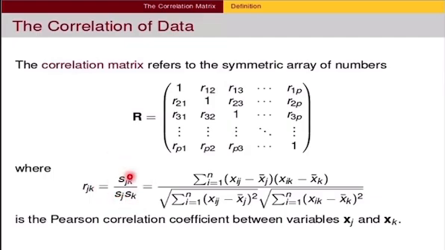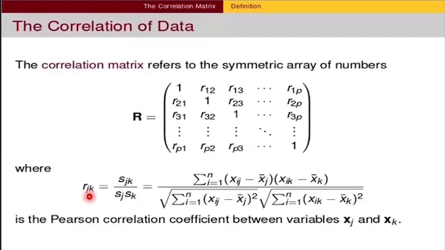Okay, if you take a look at this formula, the numerator here is the covariance. The denominator is a product of the standard deviations. For instance, if I'm talking about two variables, J and K, and I want to figure out the correlation between variables J and K, I may be talking about the correlation between weight and height.